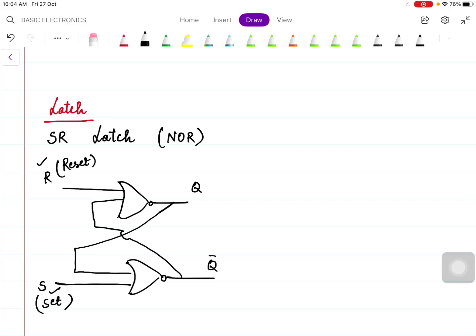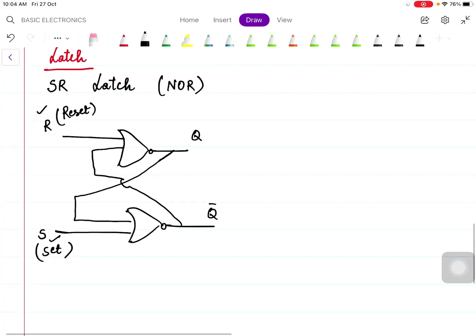Now let us understand the working of this latch, and also write its truth table. Working is just to understand the truth table, and ultimately we have to remember the truth table. First I will write down the truth table of the NOR gate, because we have used two NOR gates.